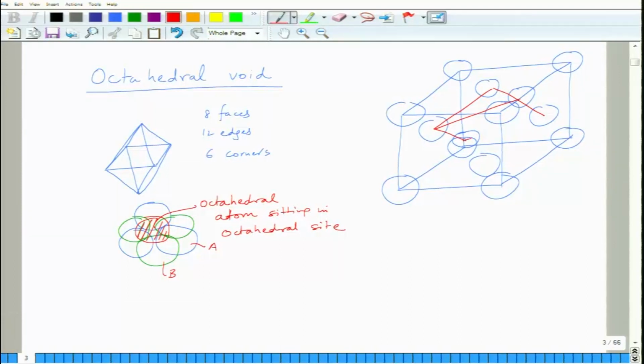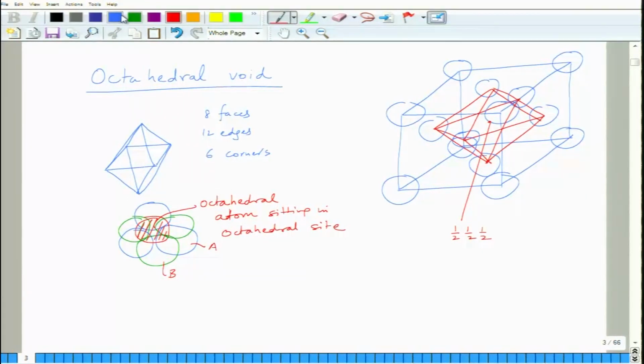You connect these faces, and this is the octahedral void in case of a Fcc structure, and the location of the octahedral void is at half. Okay. To find out the size, which we can do in a short while. So this is the octahedral void that you can form at half position.